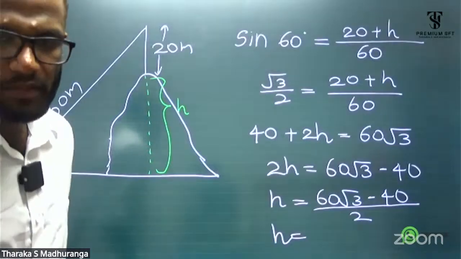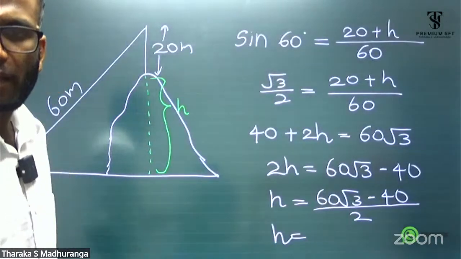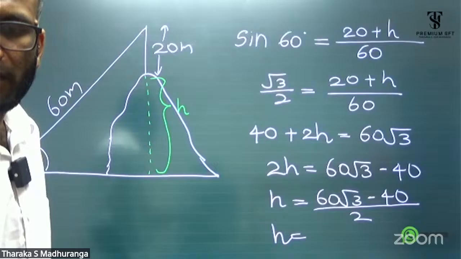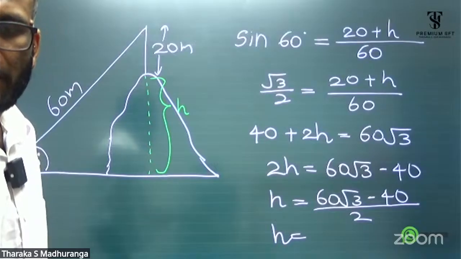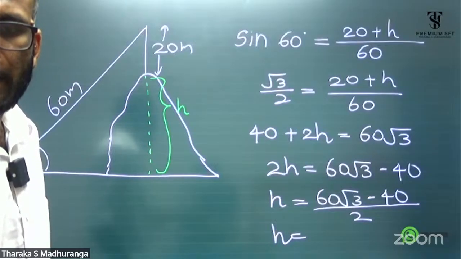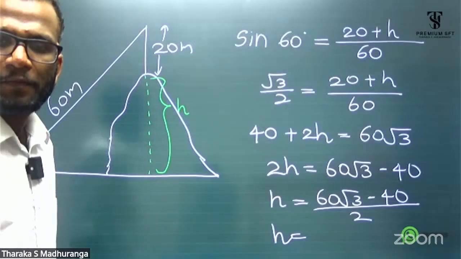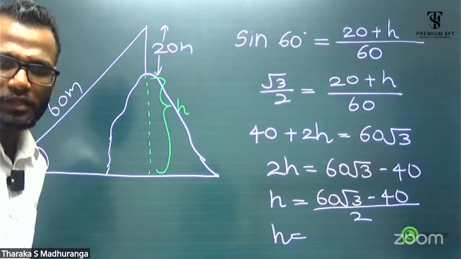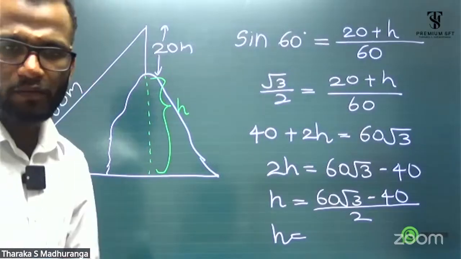What's the value? Fatima? 5 over root 3. Okay, let's check.